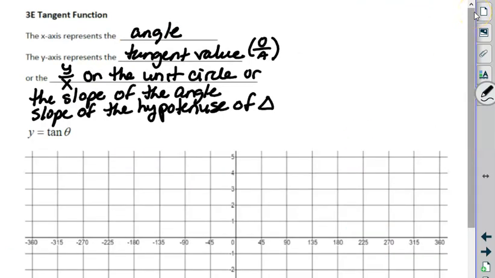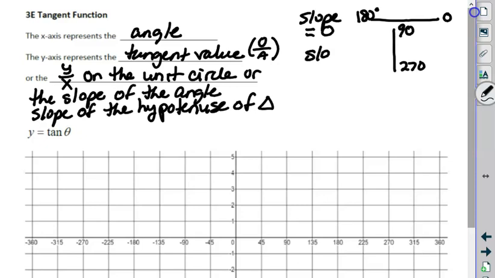So let's remember slope. At 0 and 180, the slope equals 0. At 90 and 270 it is undefined.